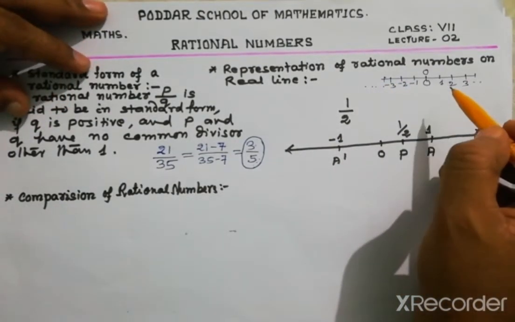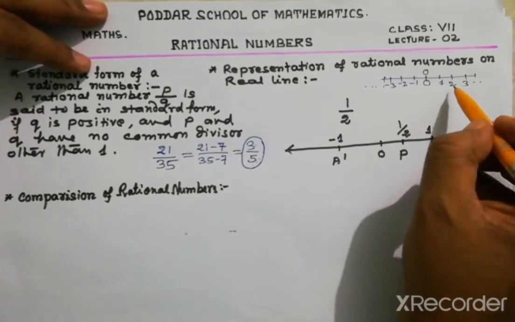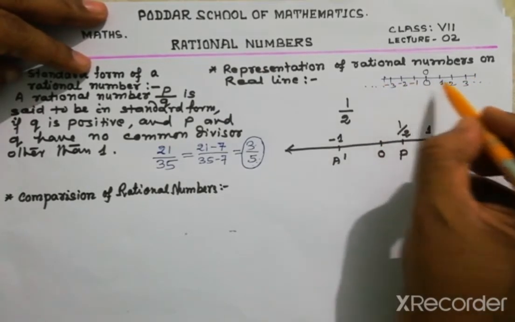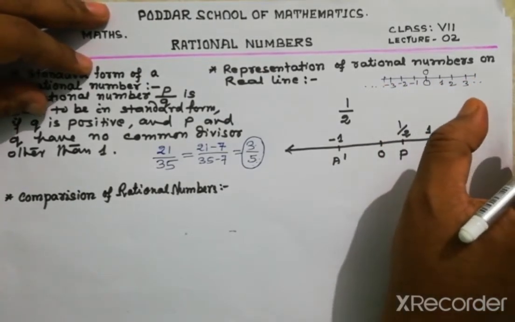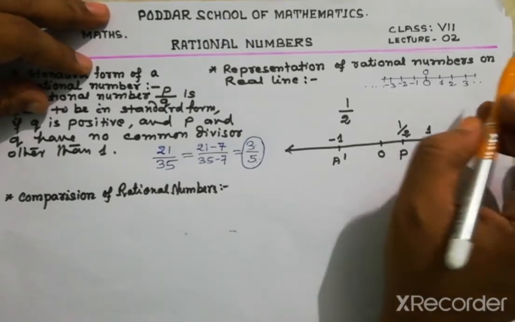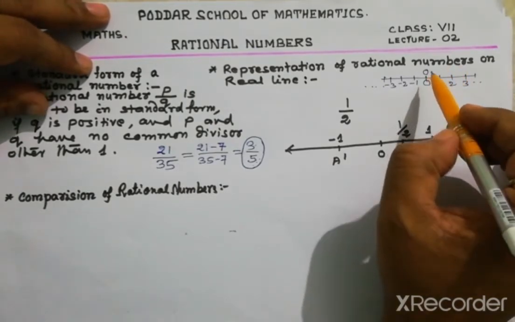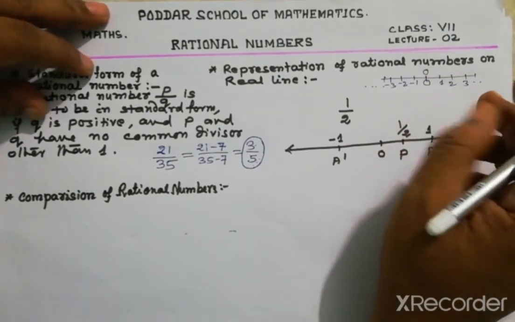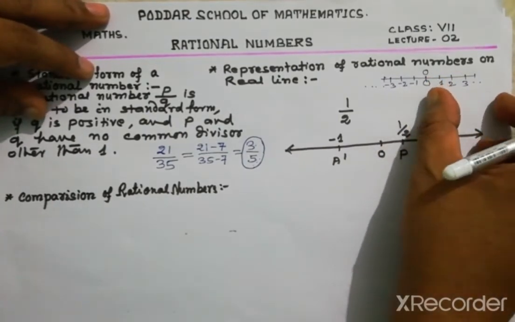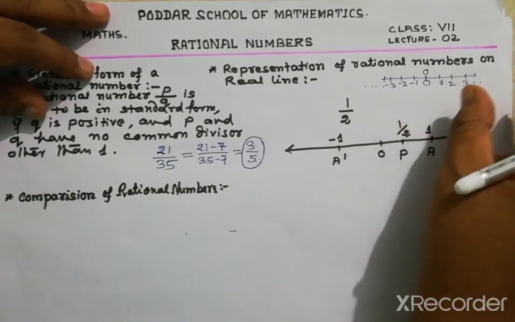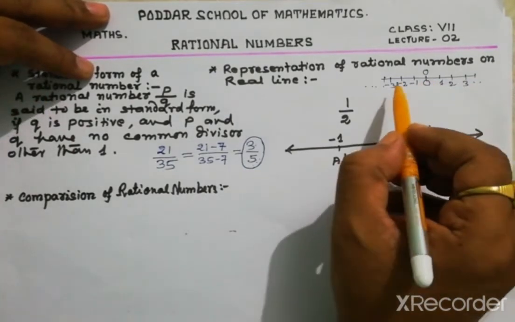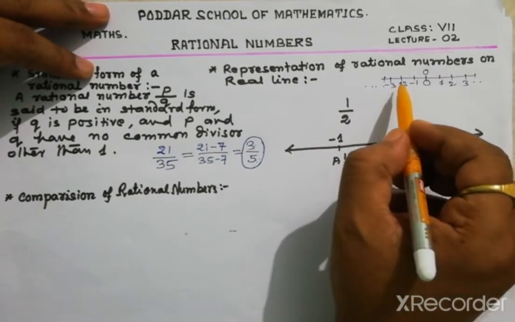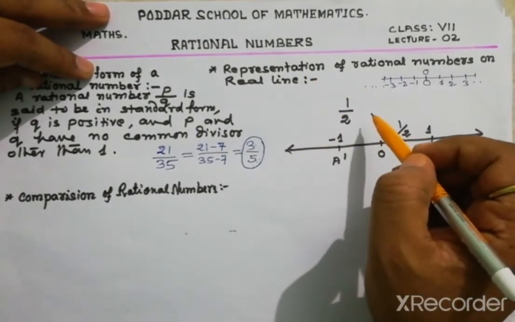So any integer can be indicated on this real line. So we may represent any integer by a point on the number line. Clearly, every positive integer lies to the right of 0, and every negative integer lies on the left of 0.